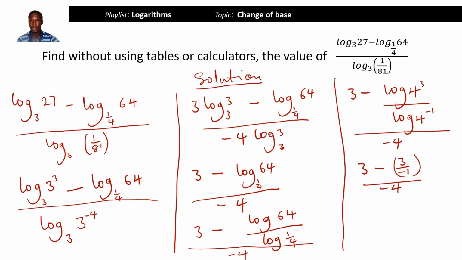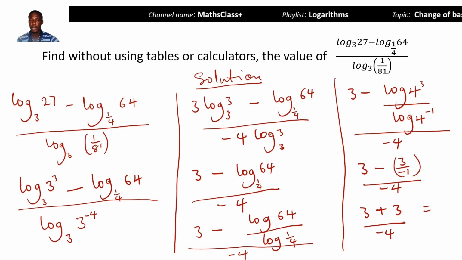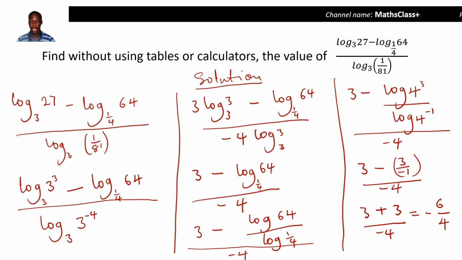This negative 1 here becomes 3 plus 3 divided by negative 4. So I have 6 divided by negative 4. So comes negative 6 over 4 as the answer. So if I simplify, then I have negative 3 over 2 as the answer.